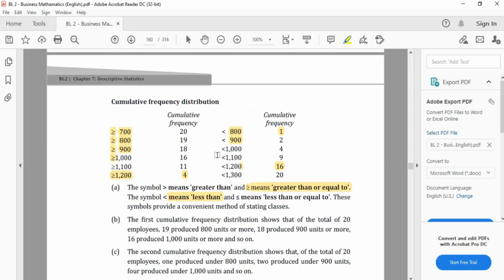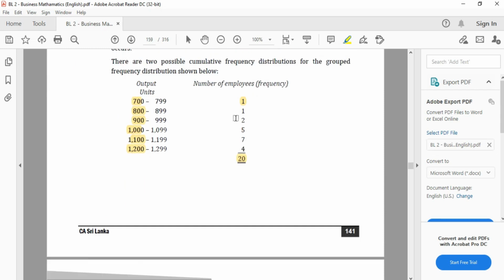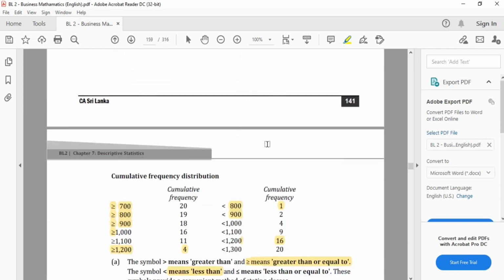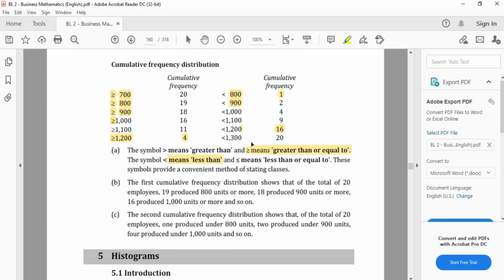So 19 people have produced more than or equal to 800 units, whereas only 2 people have produced less than 900 units, because 1 and 2 are under the maximum of 899 and not 900. That's how you read your cumulative frequency distribution chart.